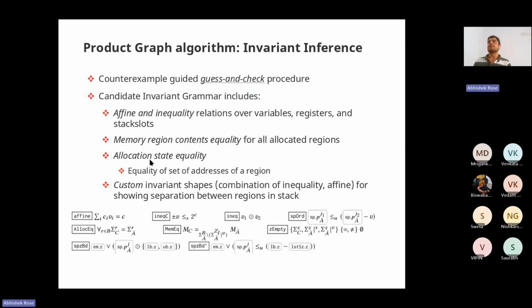So in our algorithm, the invariant inference, the technique that we use for identifying our node invariants is based on a guess and check procedure. So this guess and check procedure is guided by counter examples.